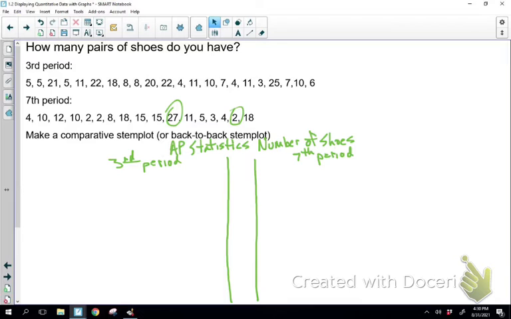So I believe on Friday we split the stems and we did a low for our single digits, so that 0L resembles shoes 0 to 4. And 0H will resemble shoes 5 to 9.